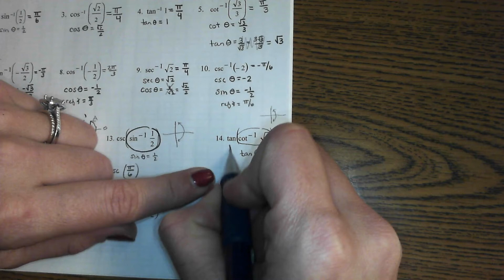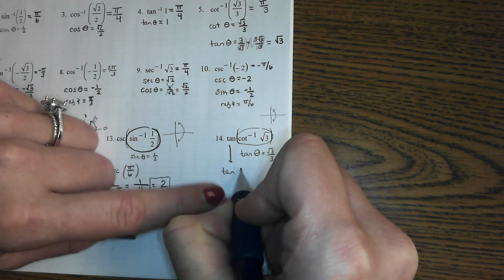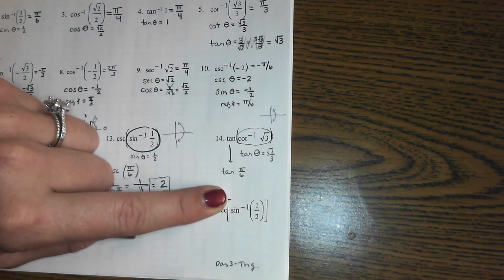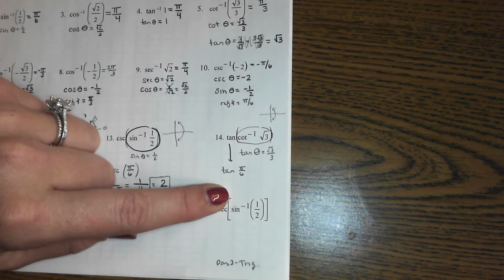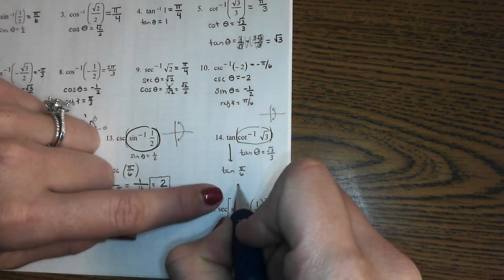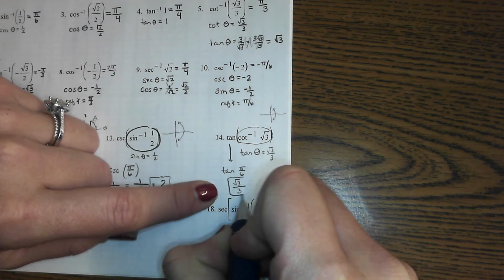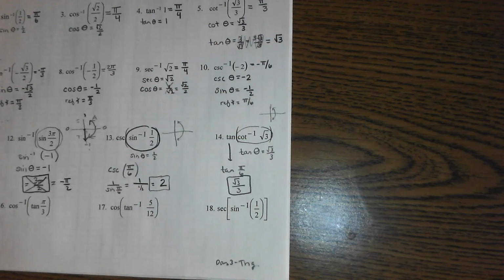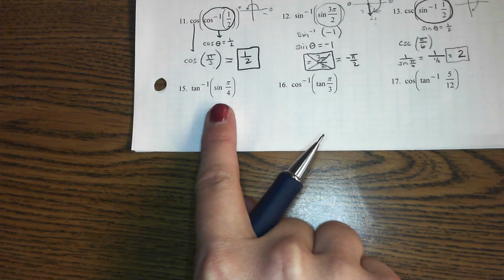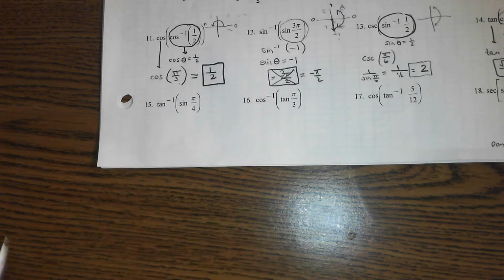So this just ends up being the tangent of pi over 6, which is √3 over 3. Any questions on that? All right. Do the next one on your own, and let's see what questions come up.